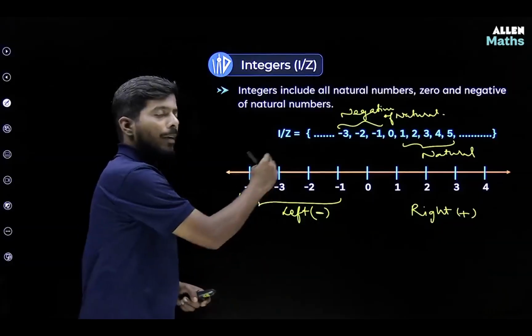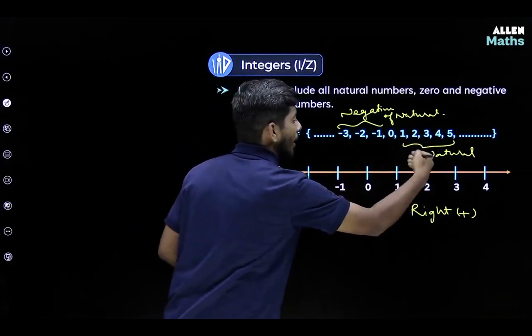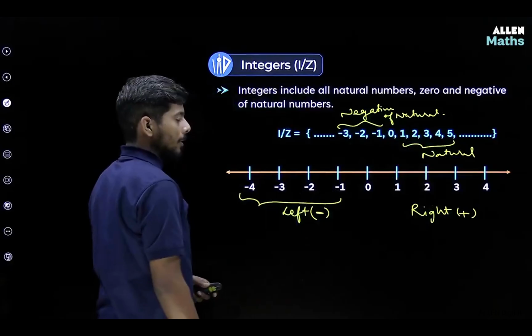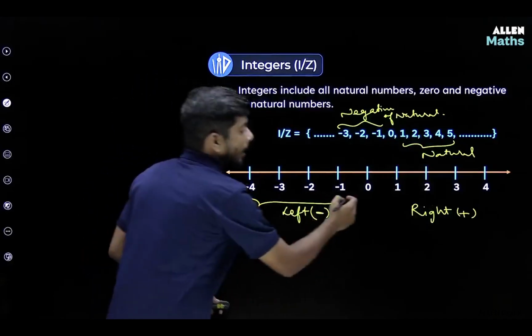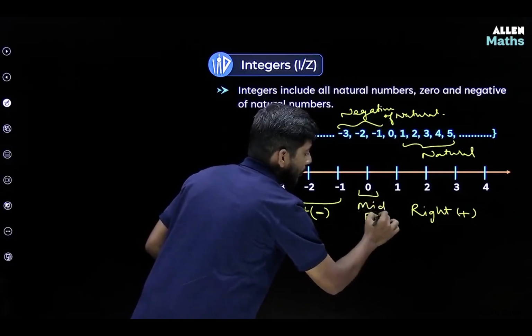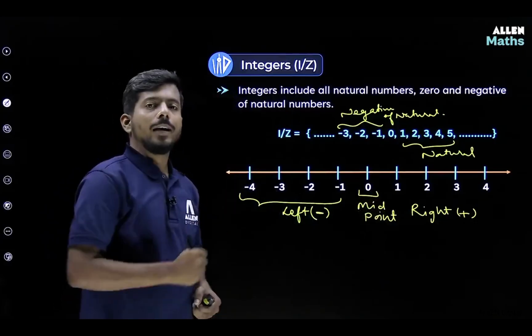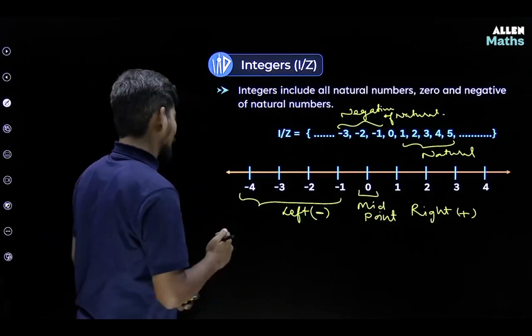As we move towards the right side of the 0, we get new and bigger positive numbers. Now this 0 can be considered as the midpoint of the number line.